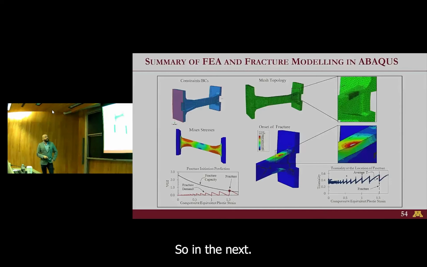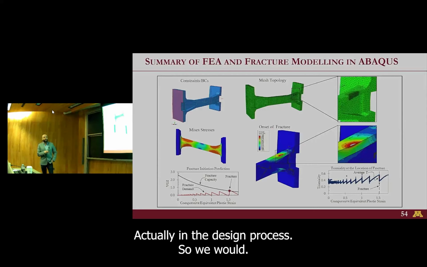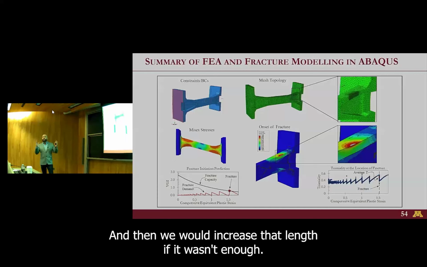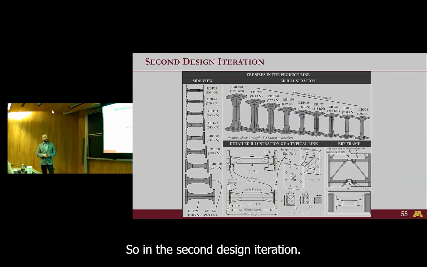So in the next stage, we introduced finite element analysis and fracture modeling in the design process. We would start with the length, and then assess the fracture capacity, and then increase that length if it wasn't enough to get more fracture capacity. So in the second design iteration, our links looked like this.